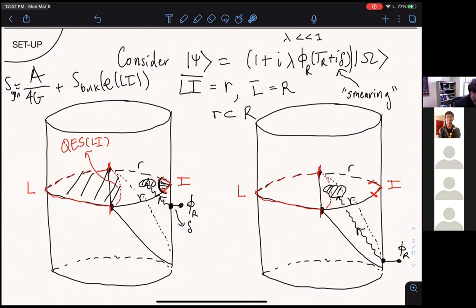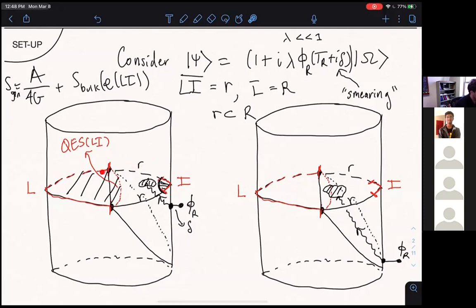What that means, so what we've learned, for those of you that don't know, is that when an operator in the bulk is mostly contained in the entanglement wedge of a region on the boundary, that means that it is reconstructible from that boundary region. What that means in practice is that there is an operator, or strictly speaking, a unitary supported on that boundary region, which can create or destroy that excitation, right?